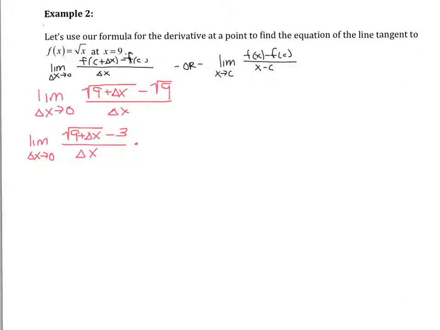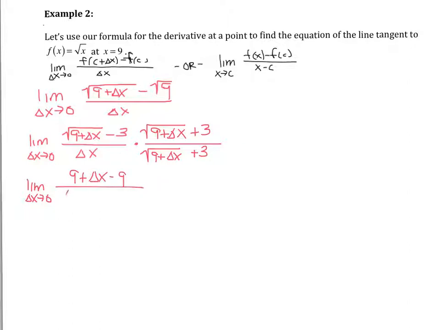We're going to rationalize. So let's multiply by root of 9 plus delta x plus 3 over root of 9 plus delta x plus 3. When we multiply that out, we get the limit as delta x approaches 0 of 9 plus delta x minus 9 all over delta x times quantity root of 9 plus delta x plus 3.